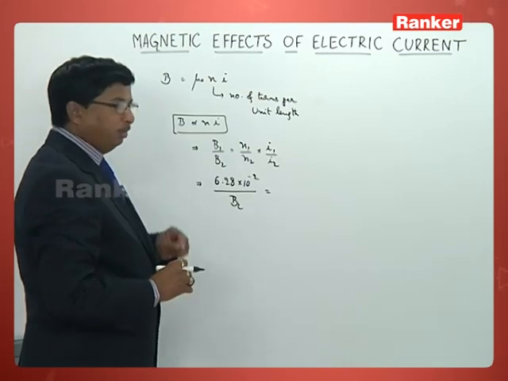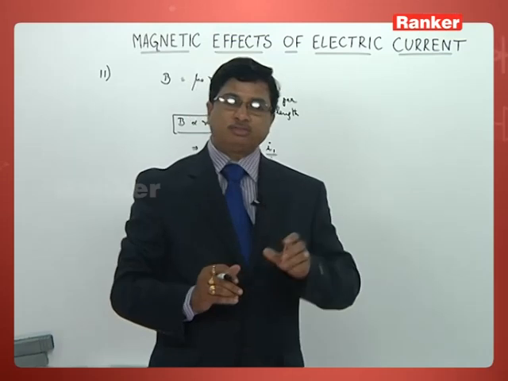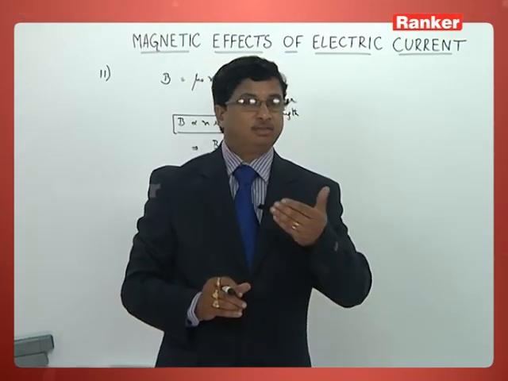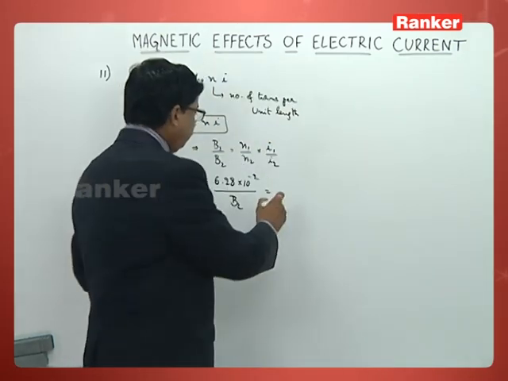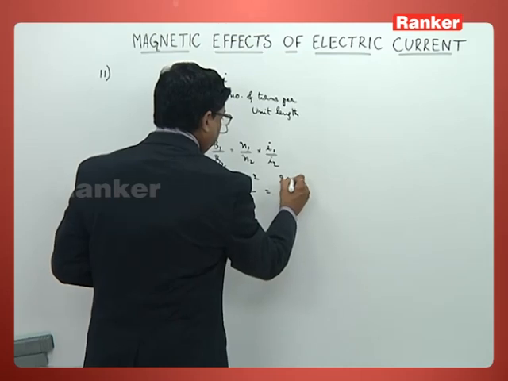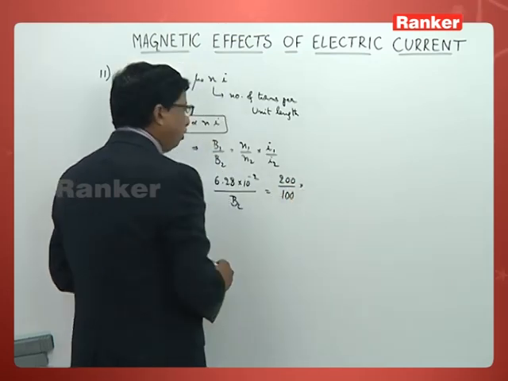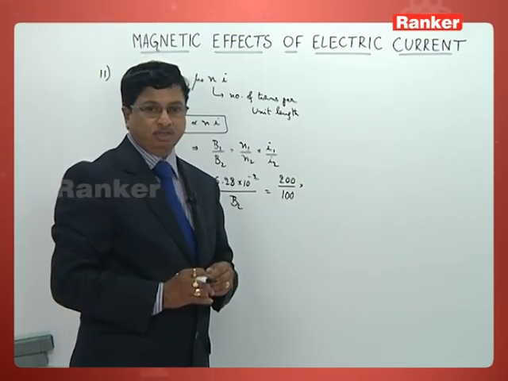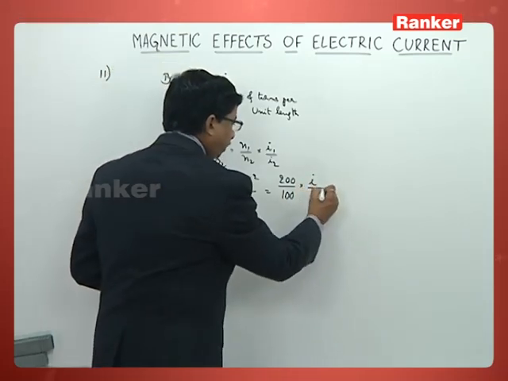How many turns do we have per unit length in the first solenoid? It's given 200, whereas in the second one it's given 100. So N1 is 200 and N2 is 100, into the current that the first solenoid was carrying. He gave that as I, so I1 is I.